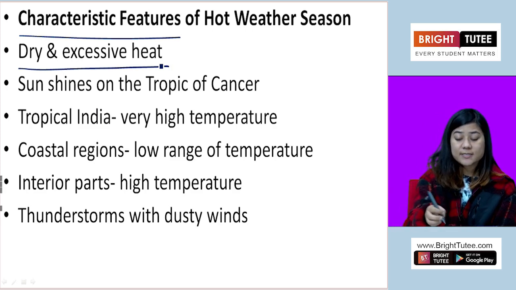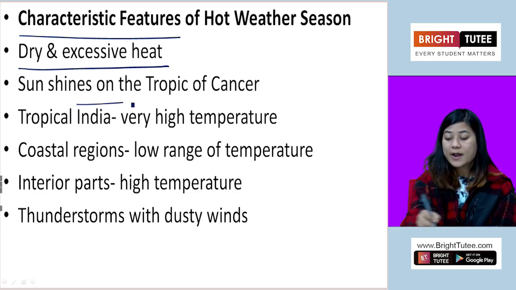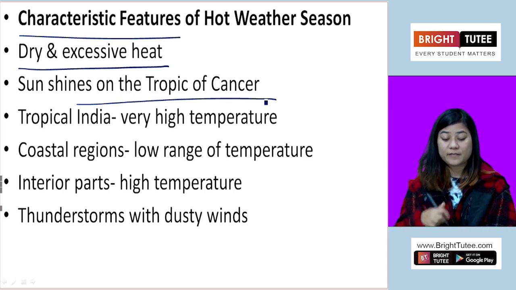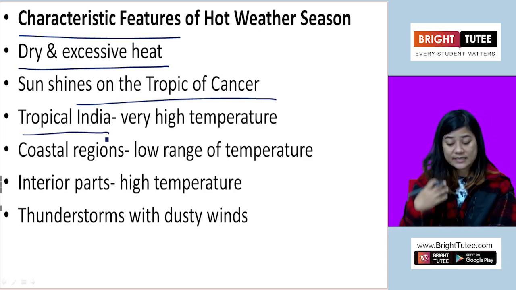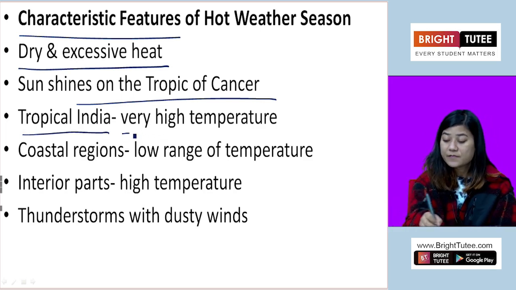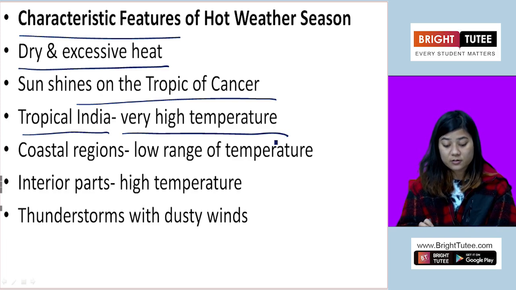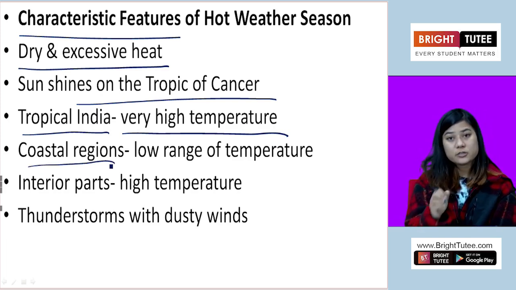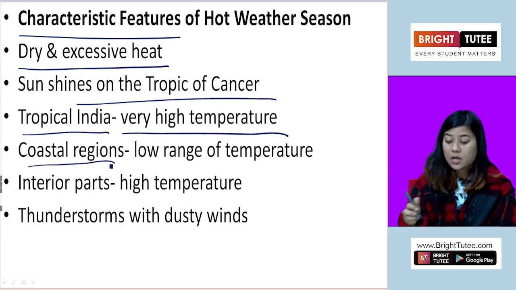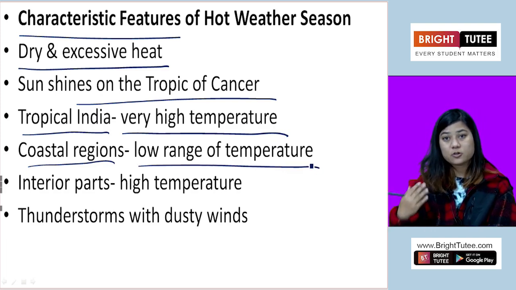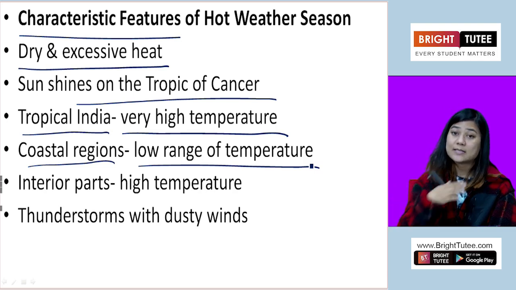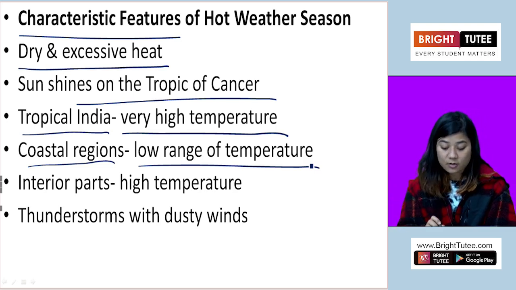The sun shines during this season directly on the Tropic of Cancer. The tropical part of India experiences very high temperature, whereas the coastal regions experience a lower range of temperature, not as high as the tropical part of India.